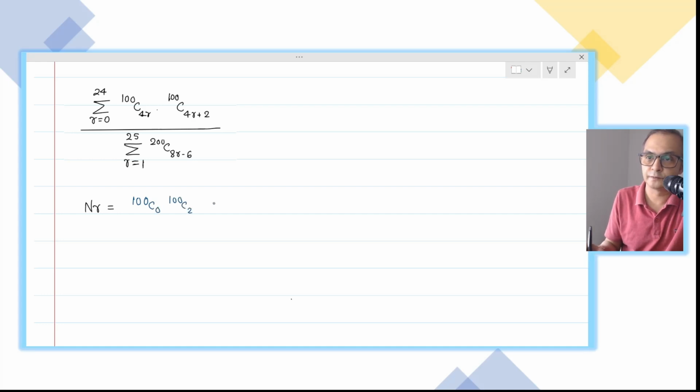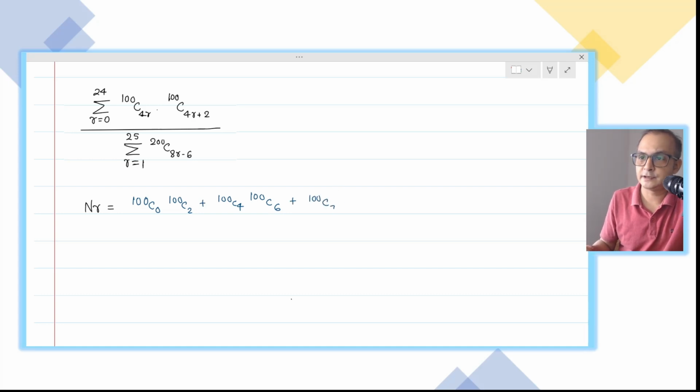into 100C2 plus 100C4 into 100C6 plus 100C8 into 100C10, and then we can go up to 24, so that will give you 100C96 and two more than that, that is 100C98.